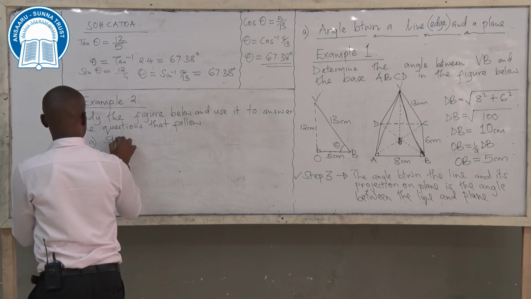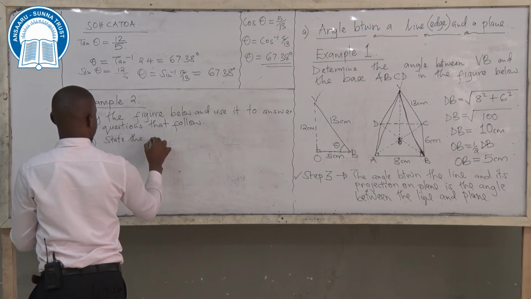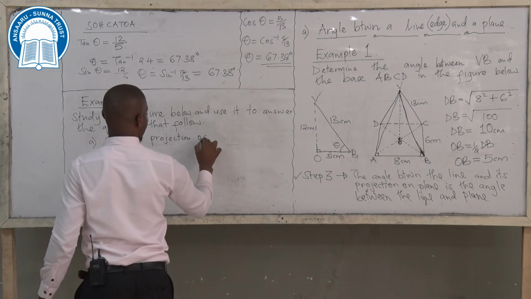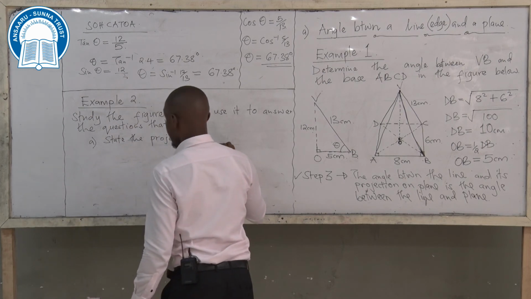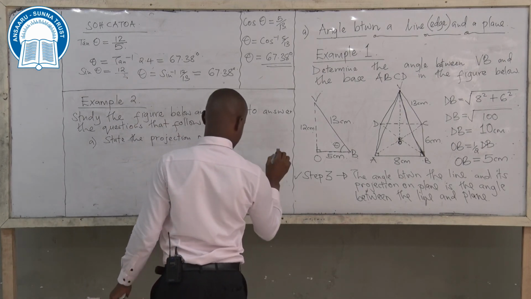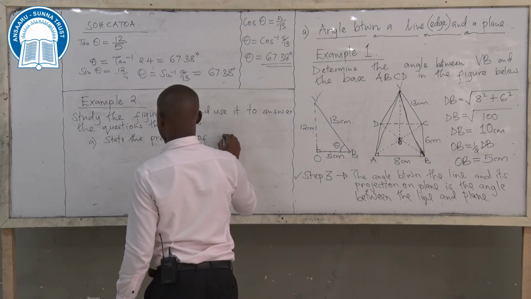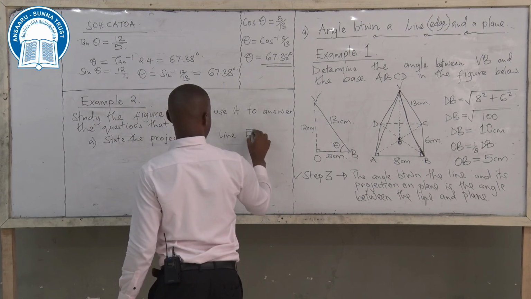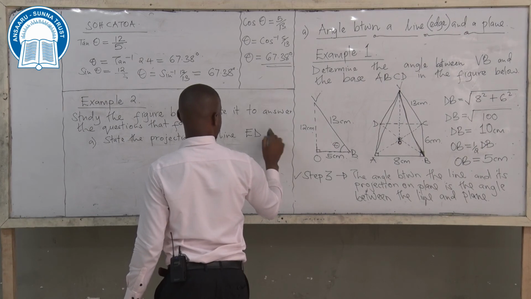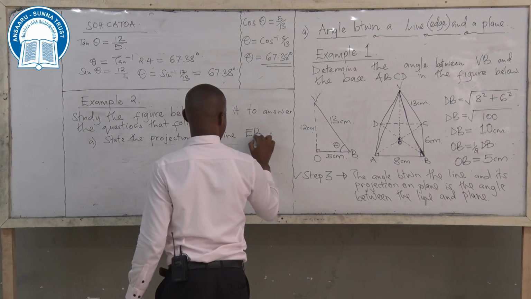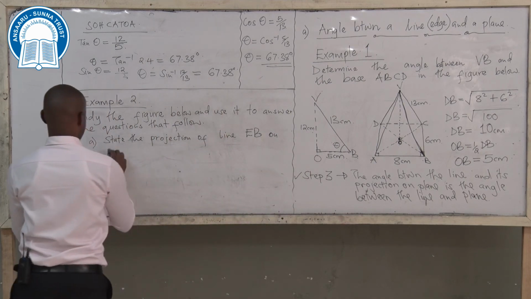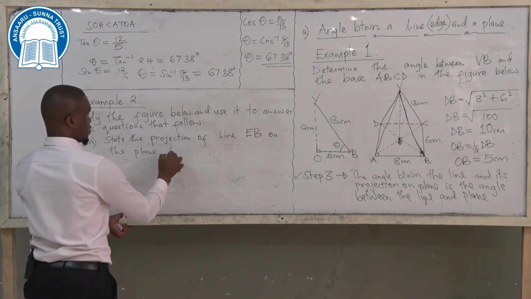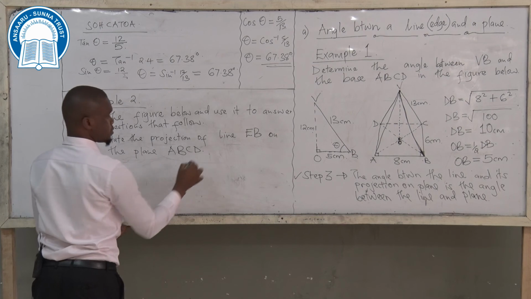Let's talk about state the projection of line EB on the plane ABCD.